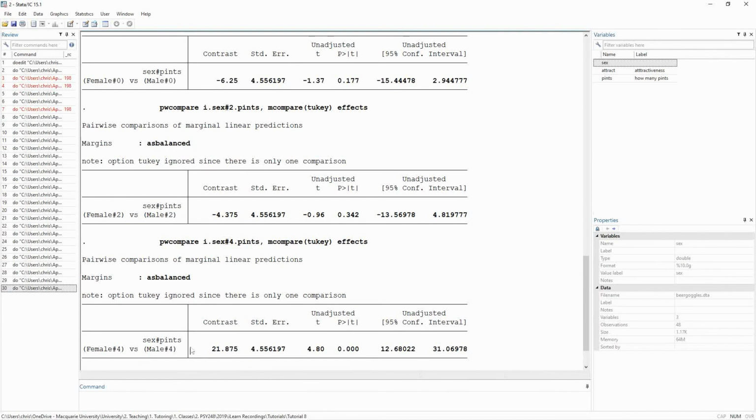I also know that females have the larger mean because it's females versus males, and this translates to the females' mean minus the males' mean. And so the only way that this score could be positive is if the females had a larger mean than the males. And we know this is true. We can tell that just by looking at the means table. But if I just want to know the direction of effect, I can look at this and say that there's a 21.875 unit difference in which females are higher than males.